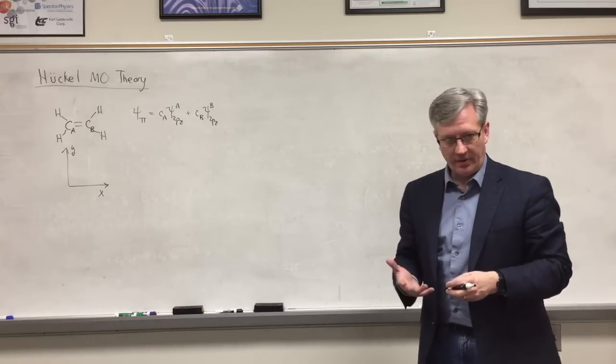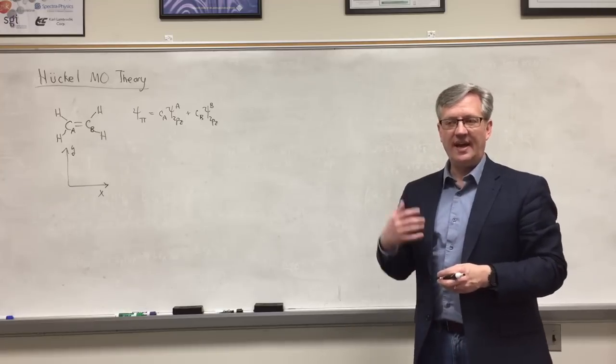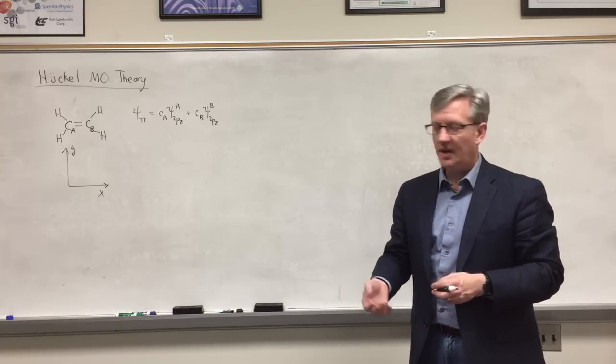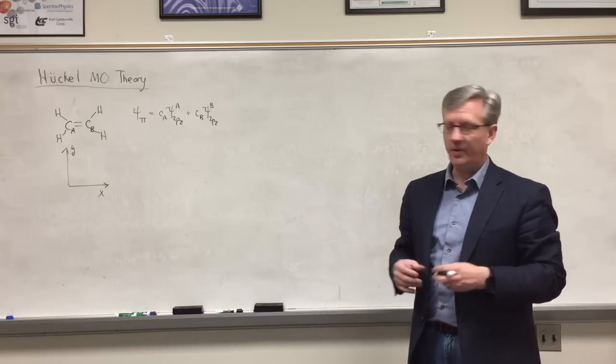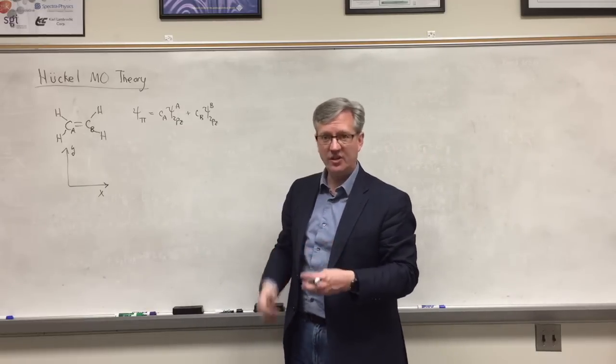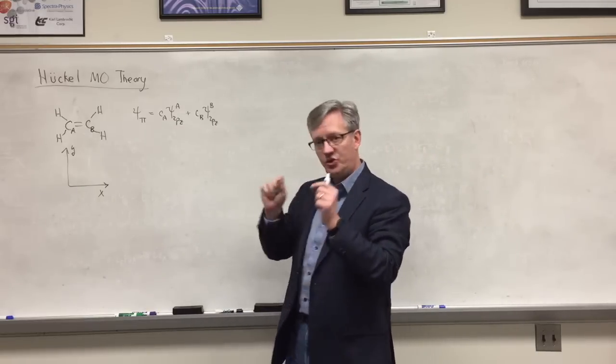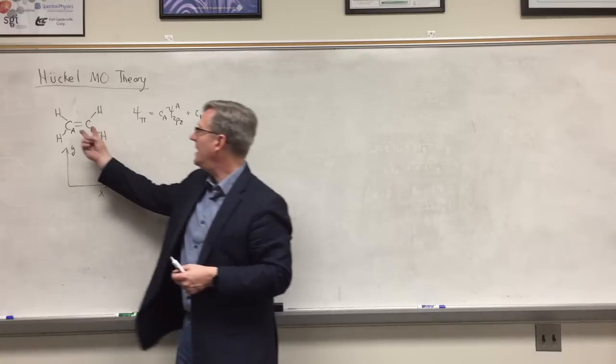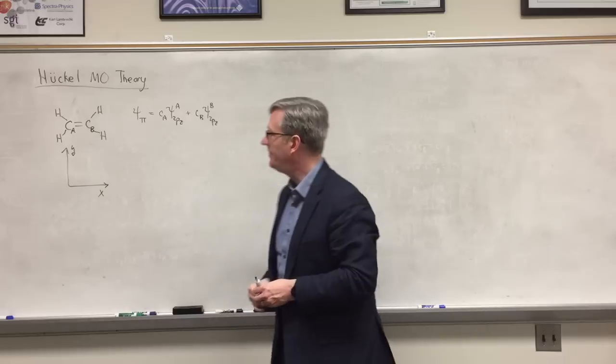Now, remember, the Schrodinger equation has the Hamiltonian as input and the wave function and the energy as output. This will be the approximate structure of my wave function, again only describing the two pi-type electrons in the pi component of that double bond.